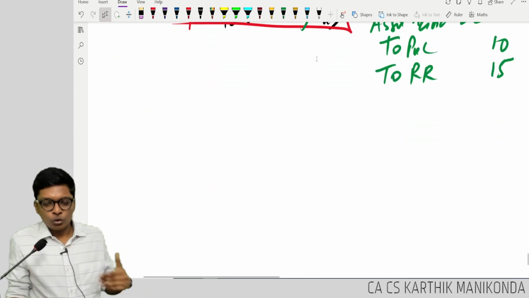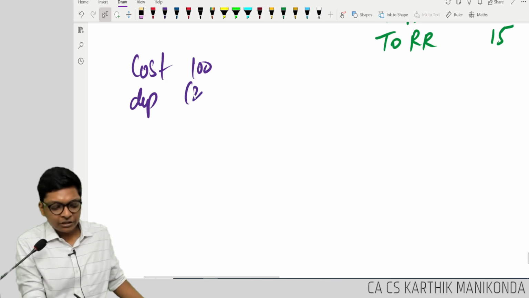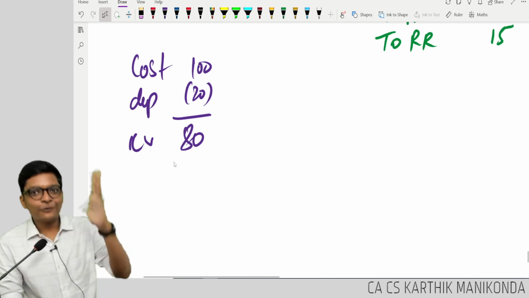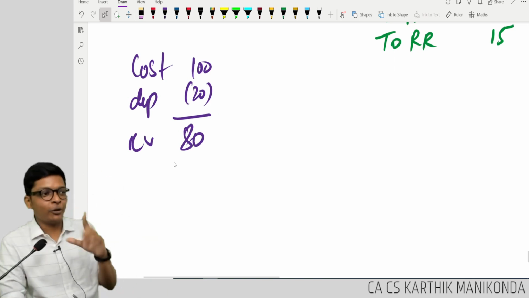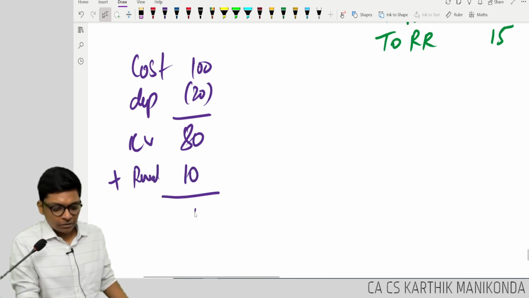Now I am going to make the example a little more complex. Cost was 100. Depreciation is 20. Carrying value is 80. I did a revaluation before impairment. The possibility is there. So add revaluation 10, 90.